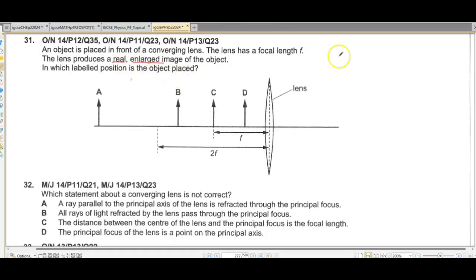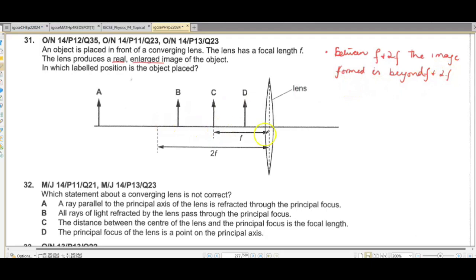We know that when the object is placed between f and 2f, the image is formed beyond 2f, and it is real and enlarged.